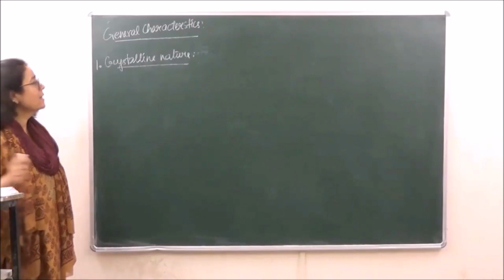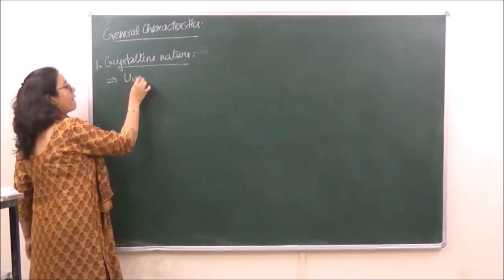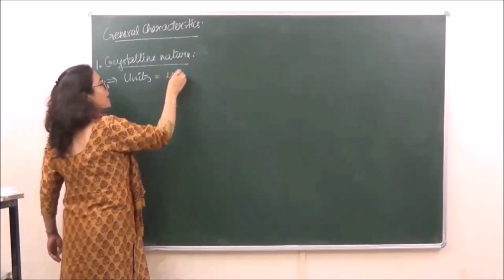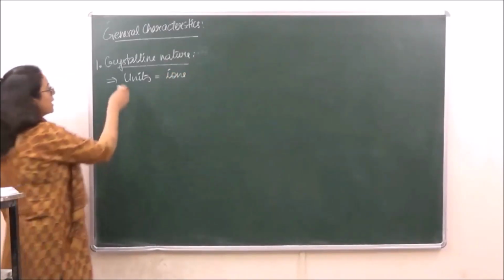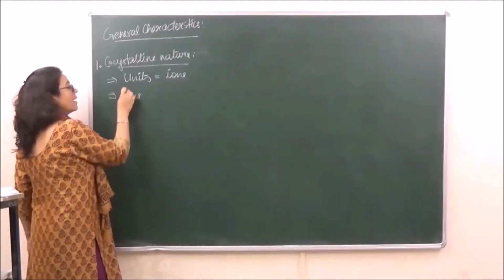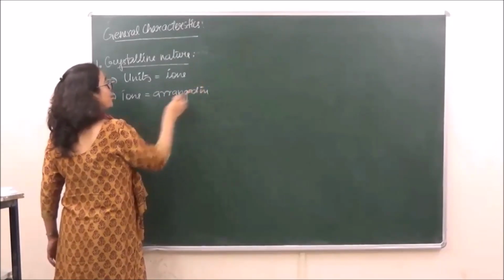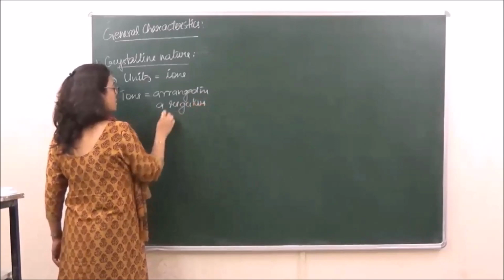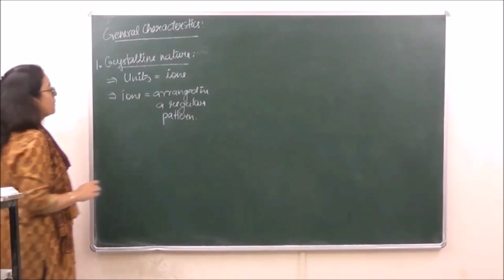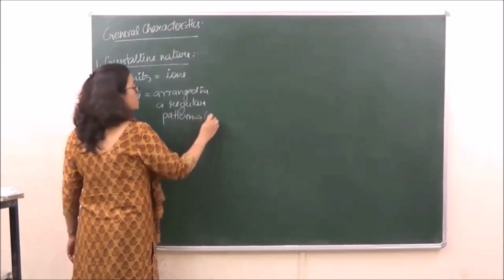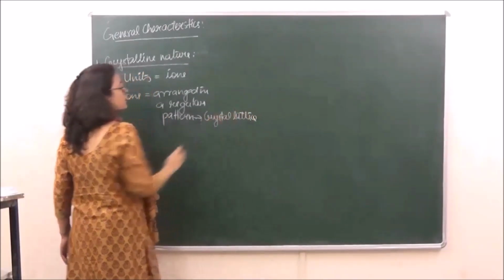Basically the units present in ionic compounds are going to be ions and not molecules. Okay? Now these ions are arranged in a regular pattern, and this regular pattern is known as a crystal lattice.